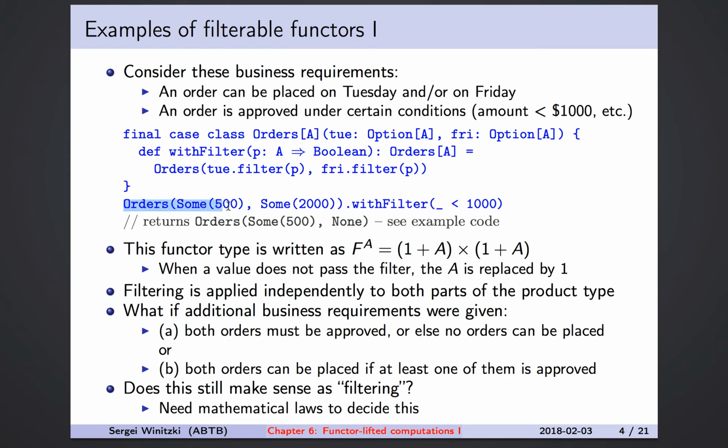So suppose we placed an order for 500 on Tuesday and for 2,000 on Friday, but approval happens only when it's less than 1,000. So then the Friday order will not be approved and the Tuesday order will be approved. So the result will be this data.